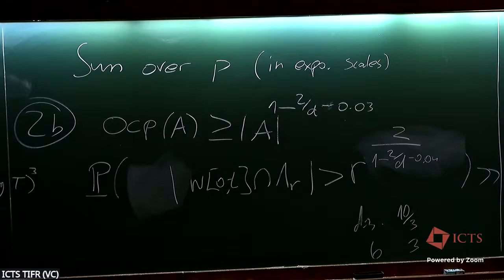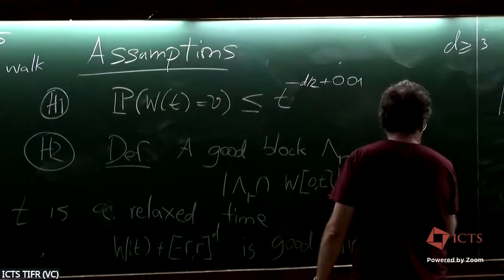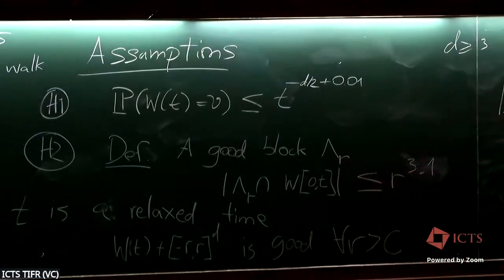So if we would allow ourselves just a little bit of leeway, replace this by 3.1, then we would be able to make a proof, because what you assume is what you need is stronger than what you get.